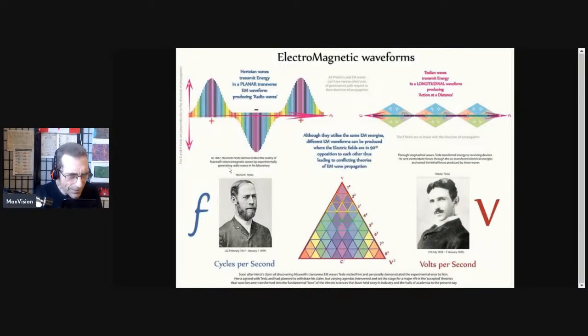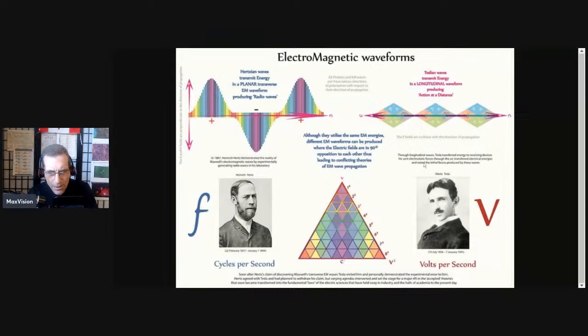In 1887, Heinrich Hertz demonstrated the reality of Maxwell's electromagnetic waves by experimentally generating radio waves in his laboratory, using cycles per second. Through longitudinal waves, Tesla transferred energy to receiving devices.